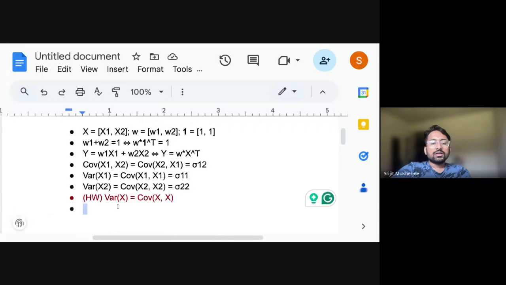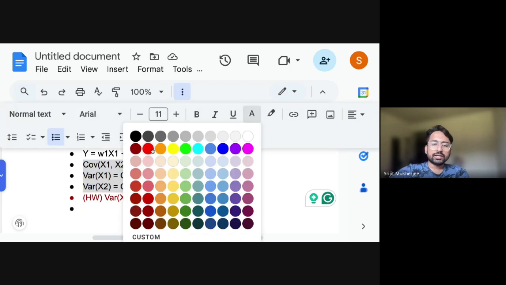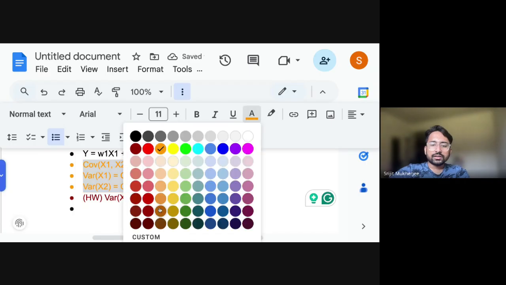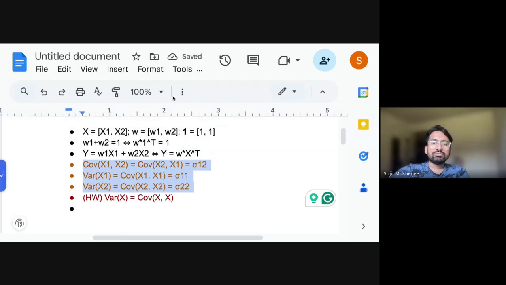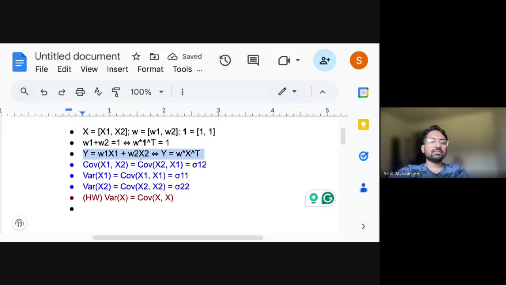Now the question is, if we know these individual things, and this is given, therefore what is the variance of y?